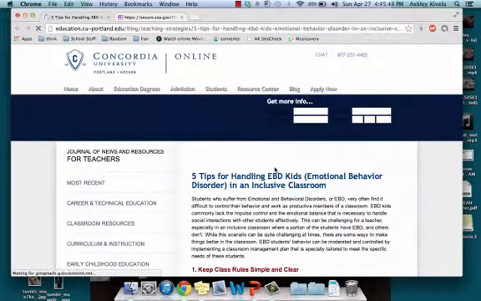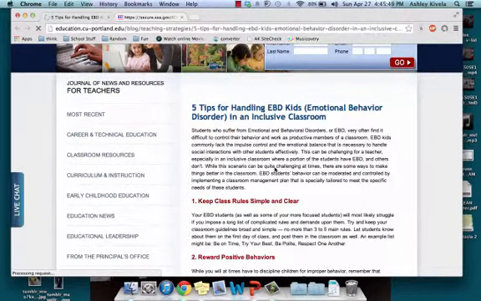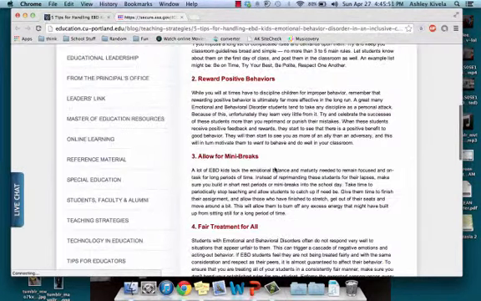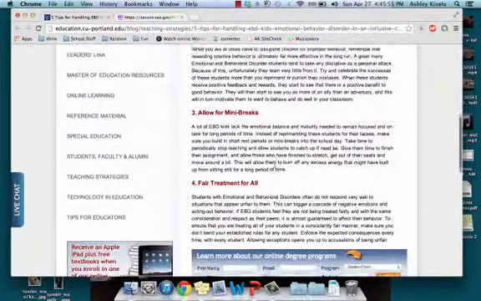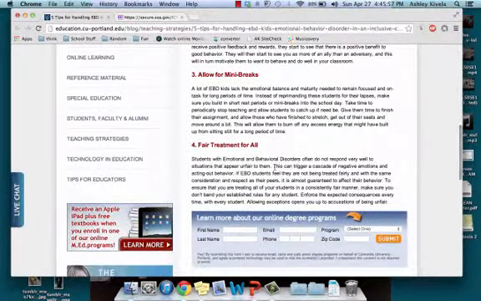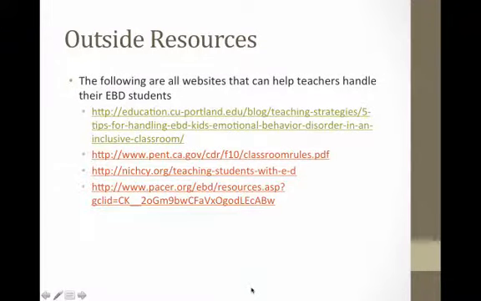So this is 5 tips for handling EBD kids in an inclusive classroom. Keep class rules clear and simple. Reward positive behaviors. Allow for mini breaks, and make sure there's fair treatment for all. Let's go back into the PowerPoint and see what other ones we have.